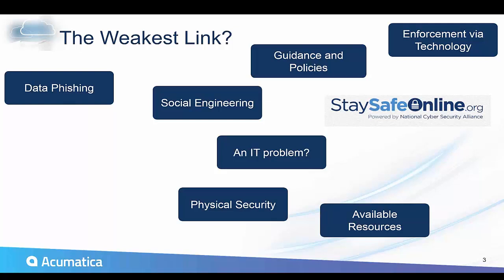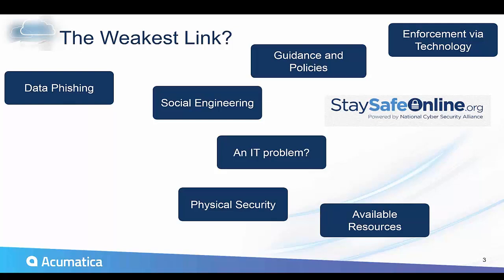Now, why are they considering these topics? Well, it's gotten to the point where I think people are recognizing that the weakest link in any security policy, the weakest link in any data security or data privacy strategy, is people. So it's not an IT problem per se.